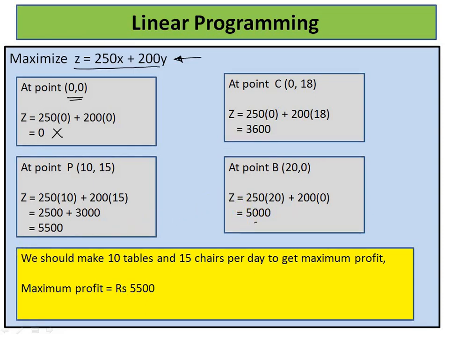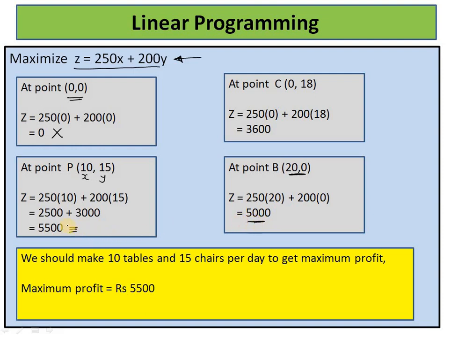At point P, X is 10, Y is 15, which we found by simultaneous equations. If I put this value in the objective function, I get profit of 5500. And at point B, which is 20, 0, I get profit 250 into 20 plus 200 into 0, which is 5000.